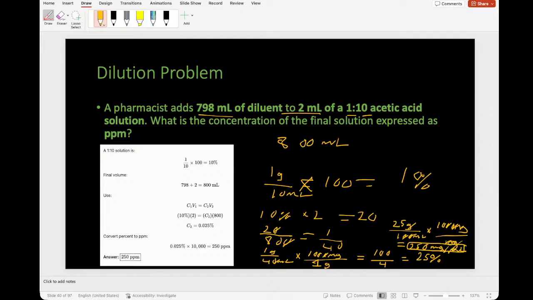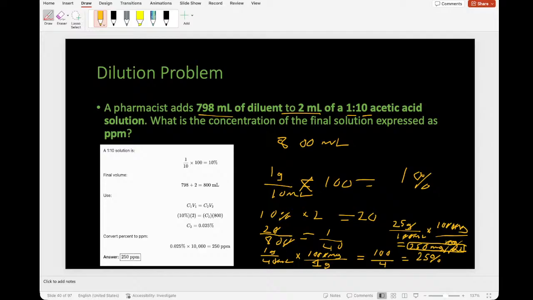You have your C1 and V1 already listed because that's like your starting product. It says diluent 2, so that seems like your starting product after that. You would have to represent that 1 over 10 as a percent, that's 1 gram over 10, and then multiply by 100%. So you would get a percent value on that.